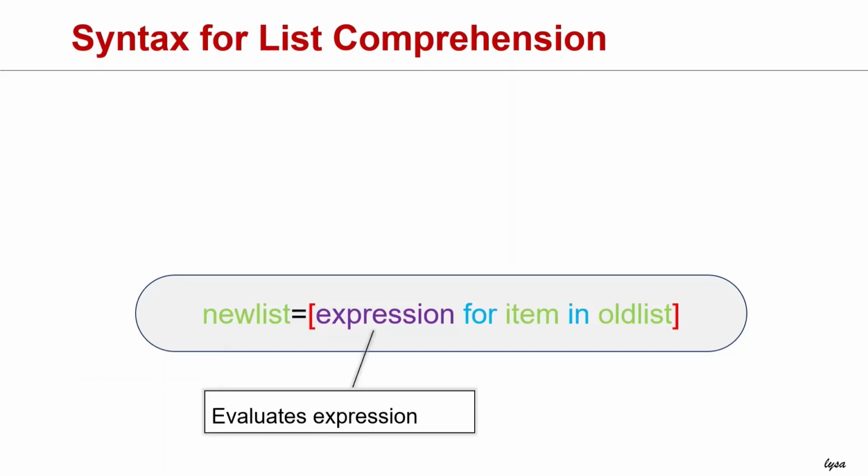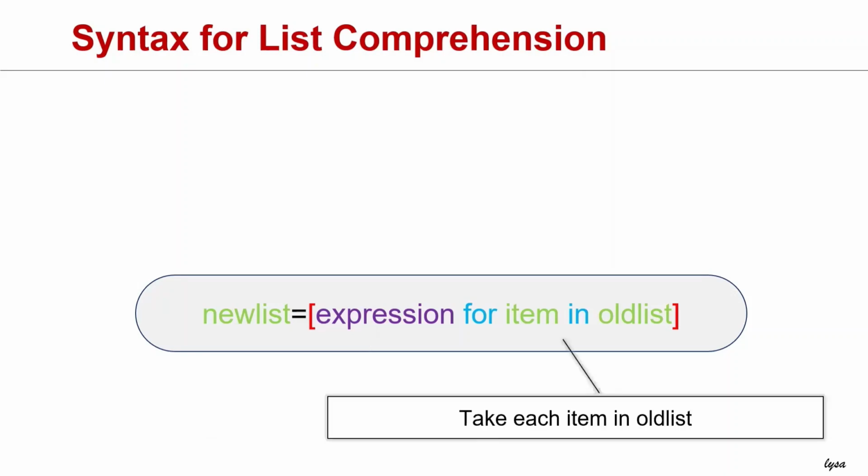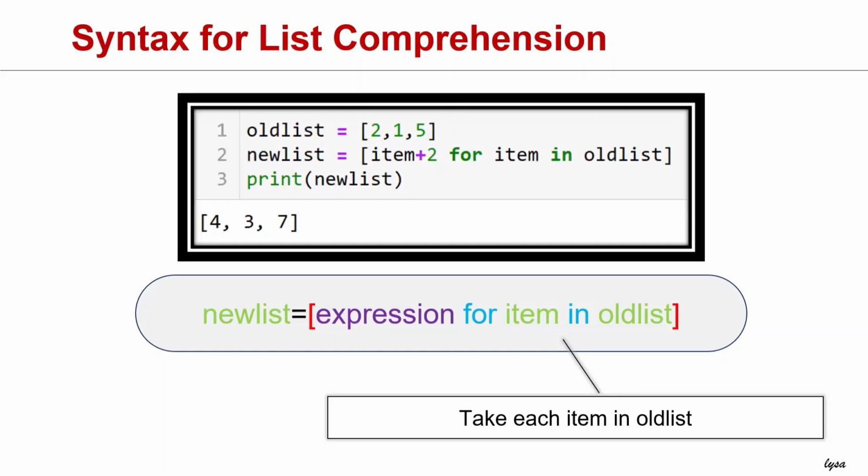The expression that has to be evaluated is given here. Every item is taken from the old list and the expression is evaluated, and the expression after evaluation is created as a new list. A simple example is given here.